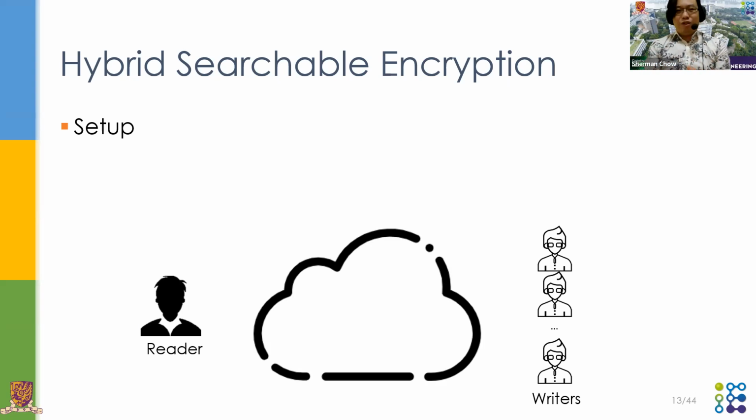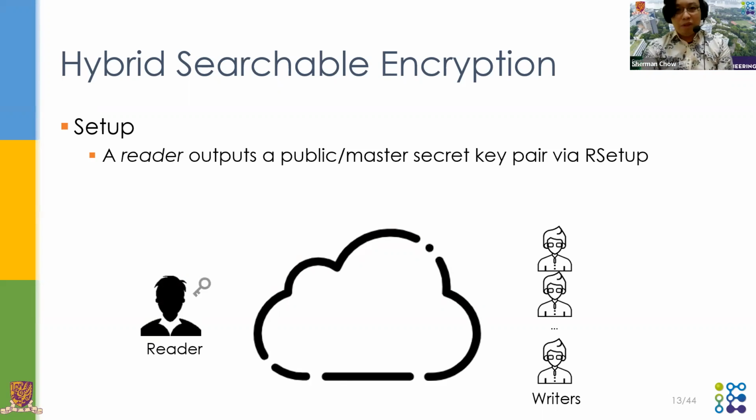So you almost see the scheme already, but now let me just talk about the syntax first, and I will talk about some of the other challenges we want to tackle. So we still have a single reader and multiple writers, and we also have the cloud server. For setup, the reader will output a master public key and master secret key pair through an algorithm called R setup. R stands for reader, obviously.